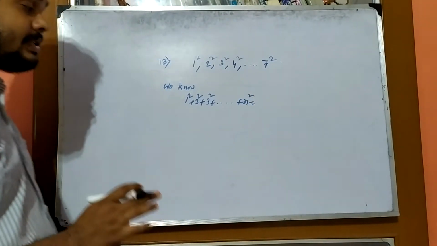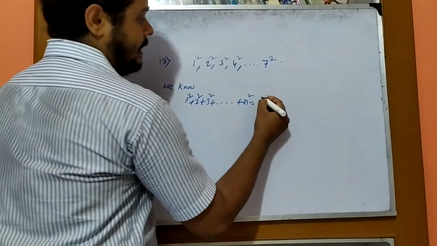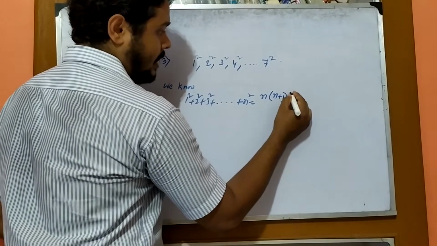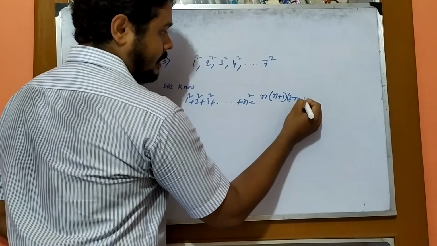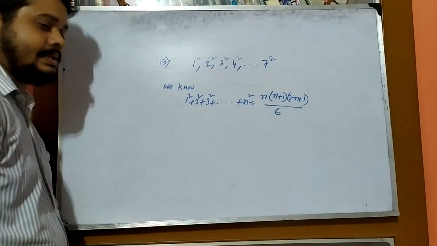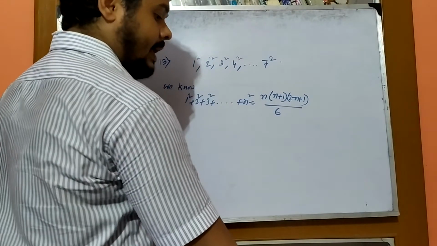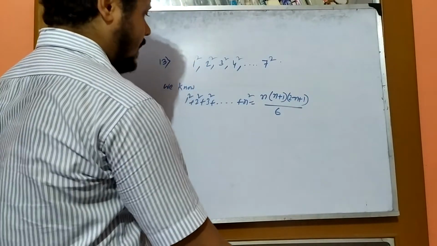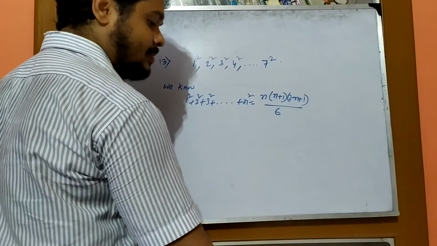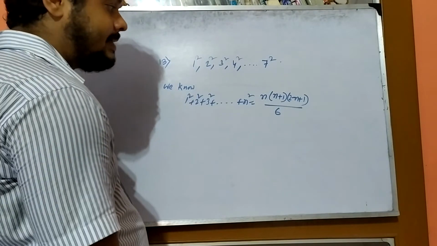There is a formula for the sum of the squares of the first n natural numbers, that is n into n plus 1 into 2n plus 1 by 6. That is the formula.